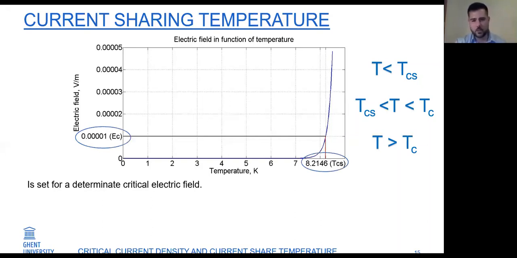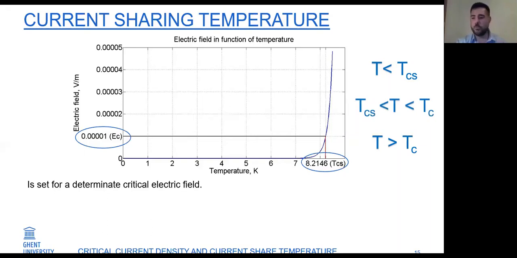And as we see, if we are under the current sharing temperature, we have no problem, we have no electric field, the superconductor behaves well. And if we overcome that temperature, the electric field rises very, very fast.